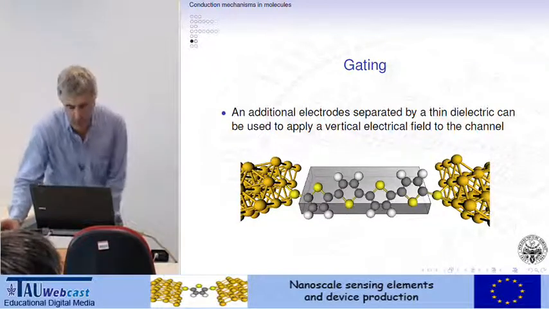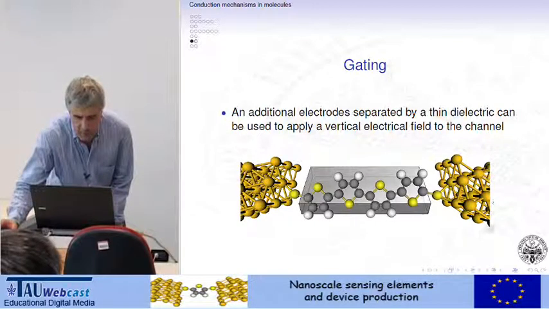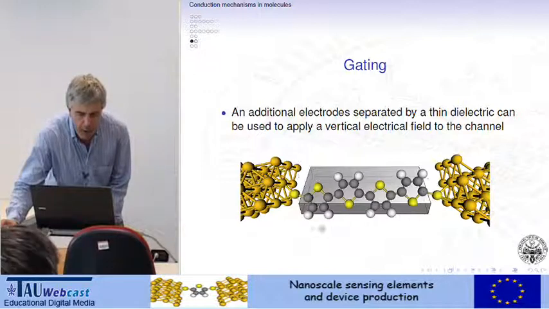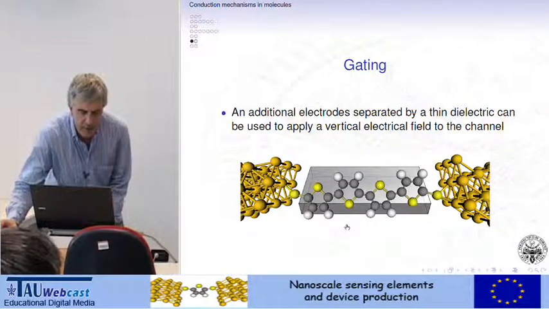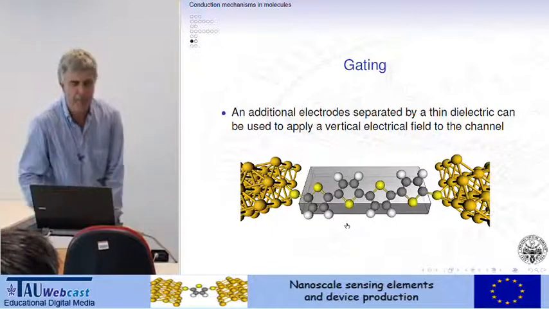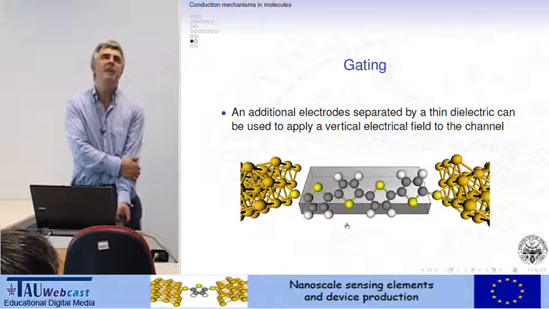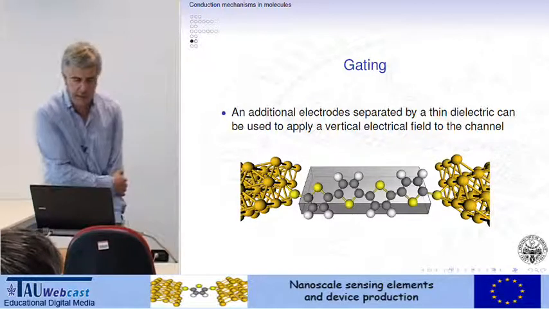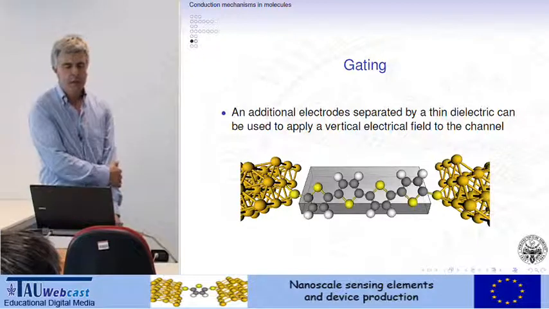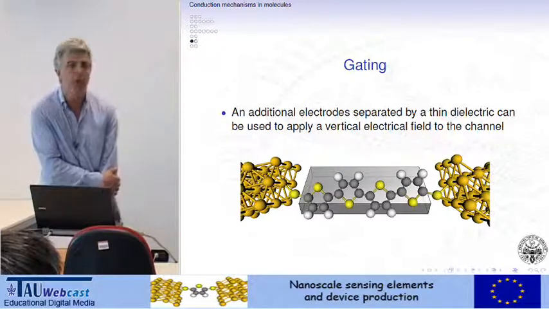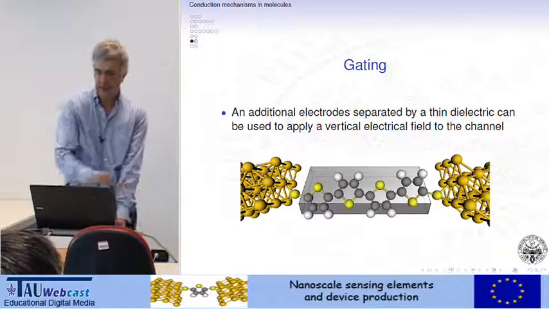So this is our molecular bridge, the two electrodes, source and drain. Here you have a very thin layer of insulating material, a dielectric. Below you can put another electrode. So you can apply an external voltage to apply a vertical electric field to the molecule. So what can be interesting is the effect of this external field.